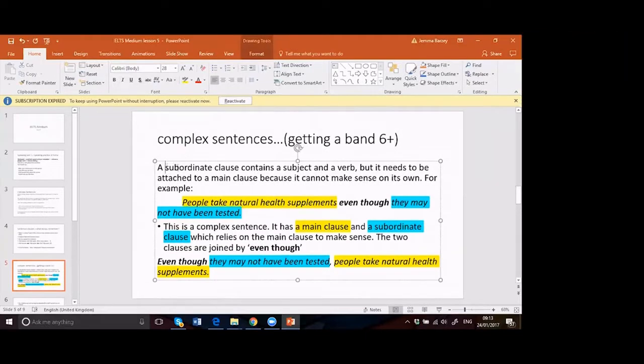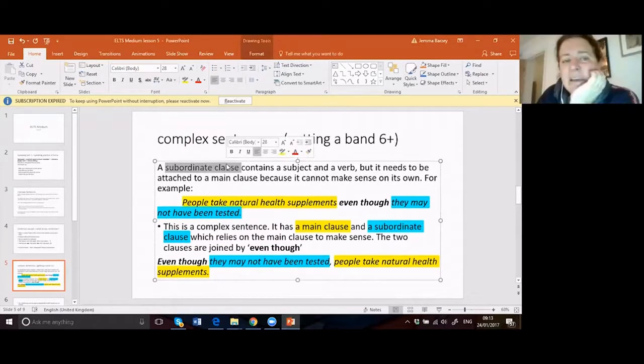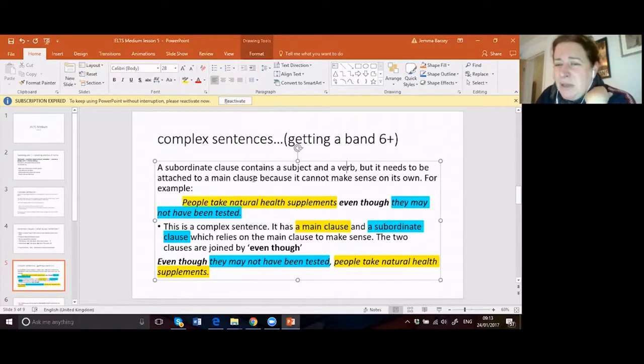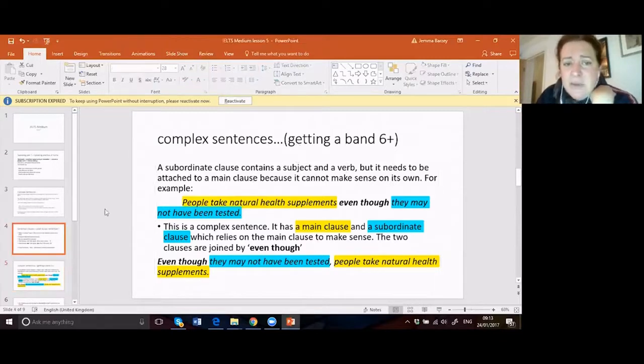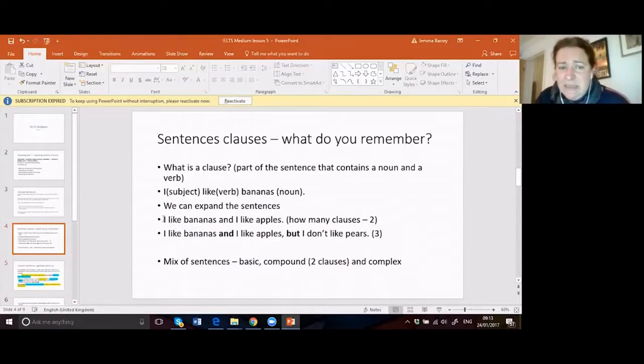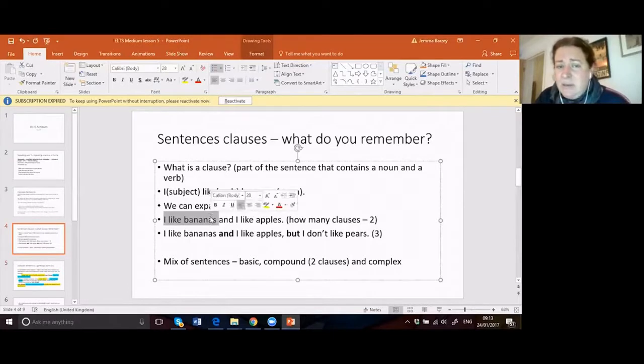So this is when we get these silly grammar terms, a subordinate clause, and people think, oh my goodness, what are they talking about? But basically, it means a part of a sentence that does contain a subject and does contain a verb, but it needs to be attached to something, because otherwise we can't understand what it says. So if you go back to these sentences, I like bananas, I understand that, right?